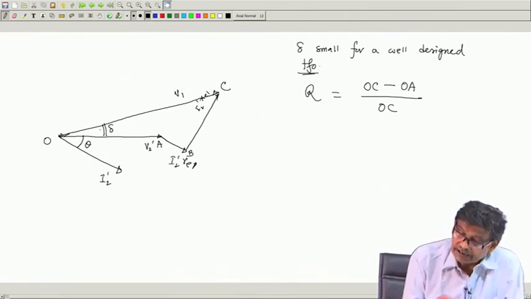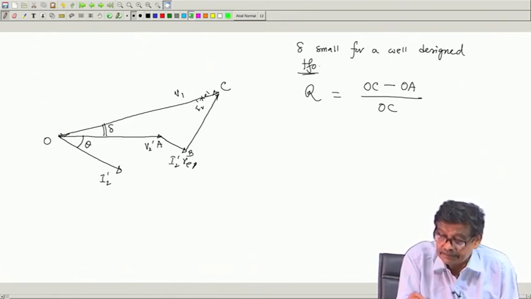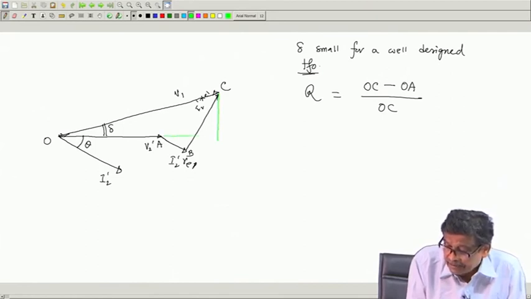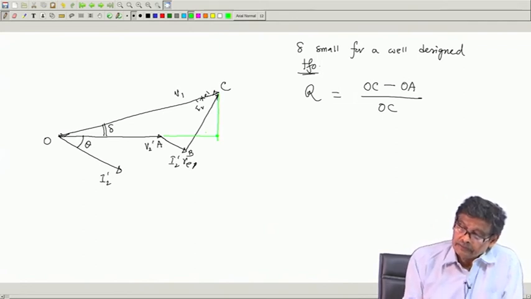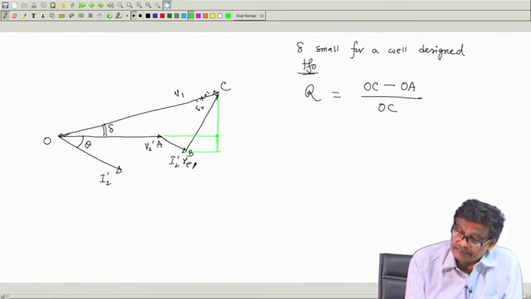Now, since delta is small, if you drop a perpendicular, these are the extra thing I am doing now. You drop a perpendicular on this extended line here, and also drop a perpendicular from this side to this side.